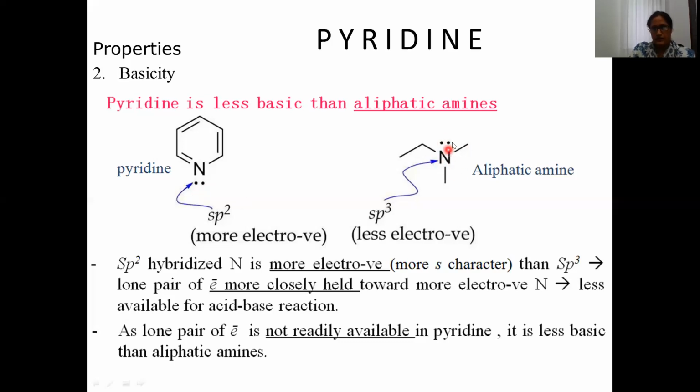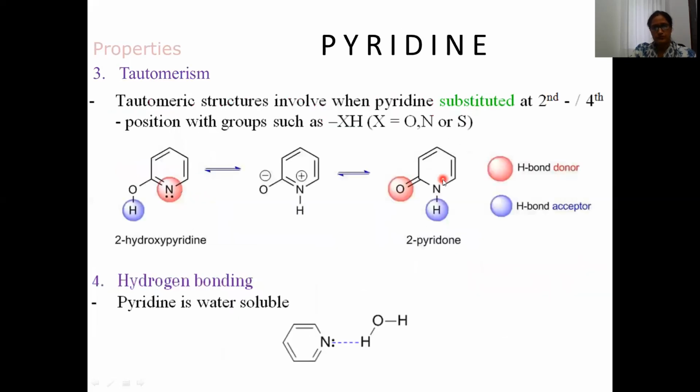In the aliphatic amine, the lone pair of electrons is less tightly held, because the lone pair is not closely held with the nucleus of the nitrogen. That's why it is freely available to react in an acid-base reaction. That's why aliphatic amine is more basic than the pyridine.